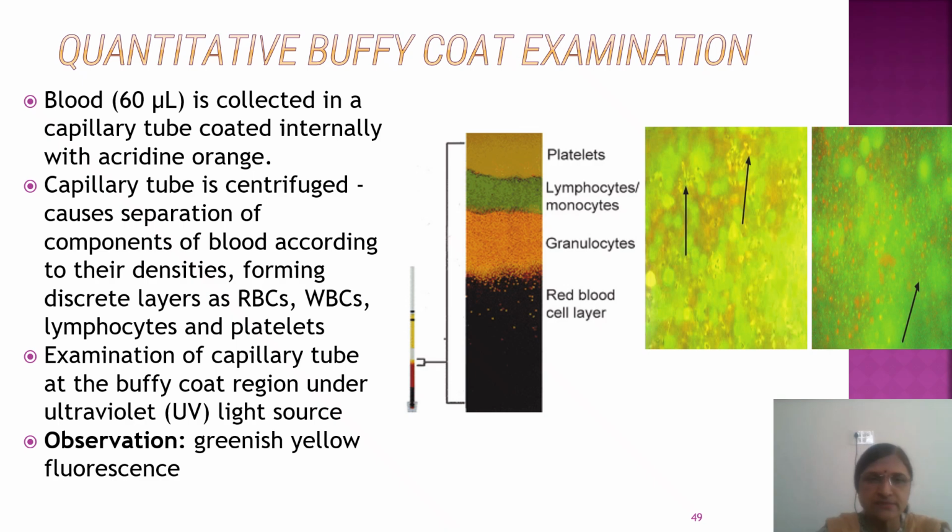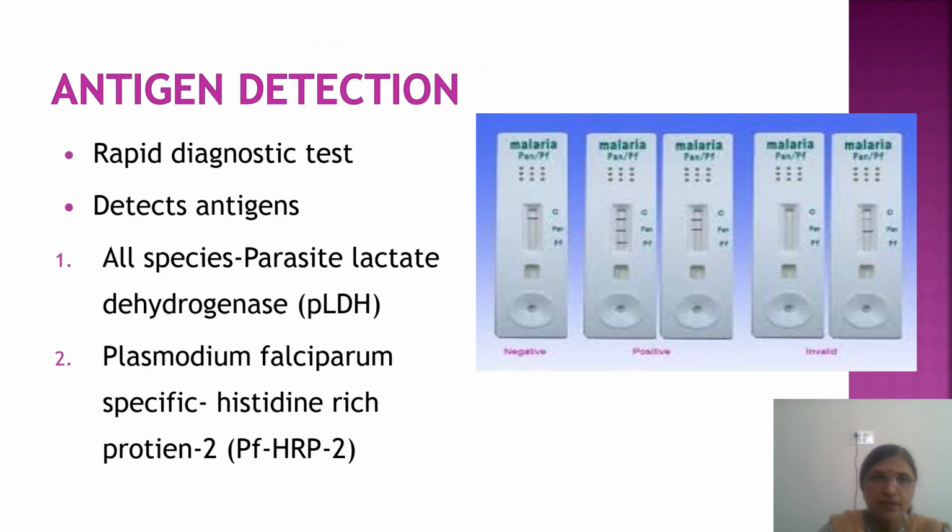The buffy coat is the junction between the cells, that is RBCs, and plasma. So it contains mainly WBCs and lymphocytes. Then you can see it under UV light or under the oil immersion lens. Here you can see greenish yellow fluorescence of the parasitic forms.